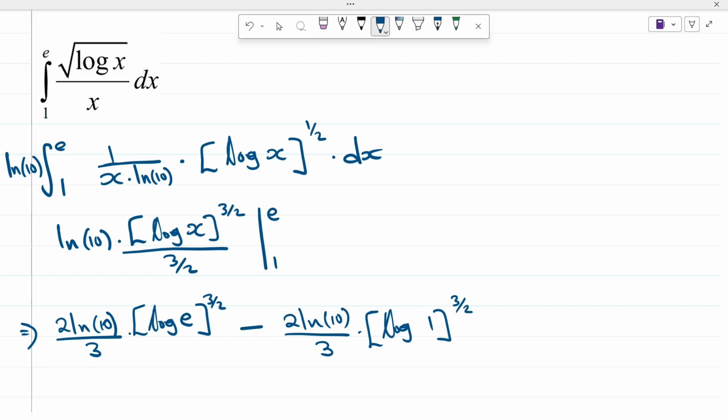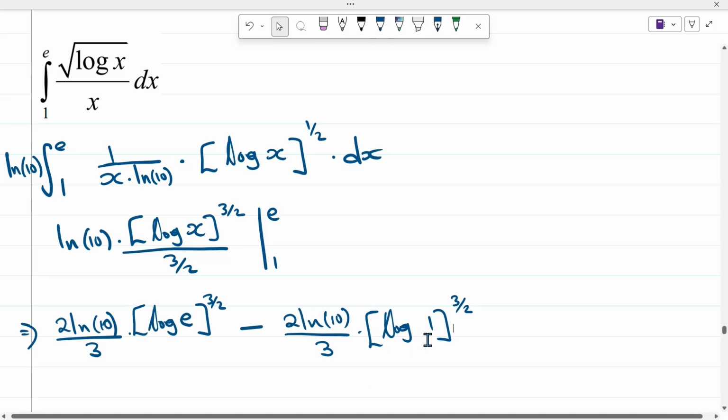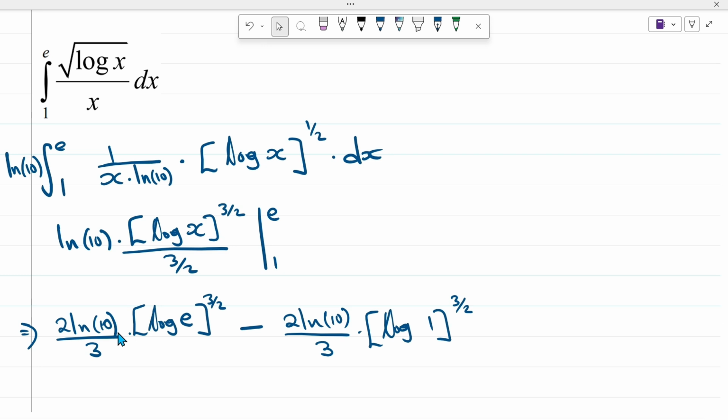So you punch that on your calculator. This is going to be a 0 because log of 1 is 0. So you can just punch this only in the calculator. You should get 2 ln of 10 over 3 multiplied by log of e to the power 3 over 2.